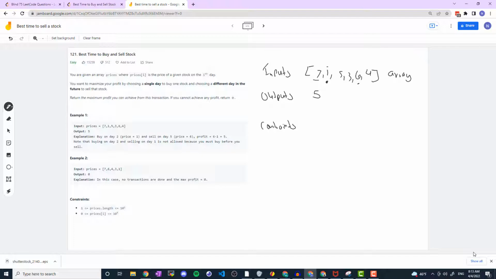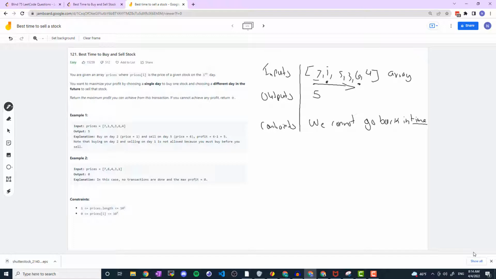Our constraint is that we cannot go back in time. Meaning that if we make a trade today, we just have to sell it another day. We cannot make a trade next week and sell it a week ago. Okay, so this is like time. Time doesn't go back. So that is our constraint.